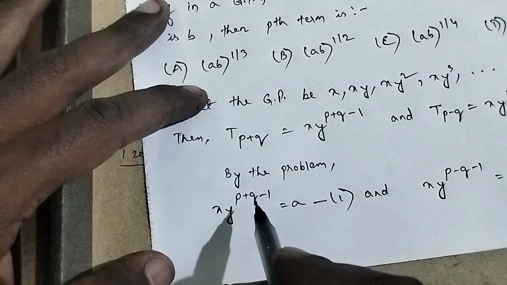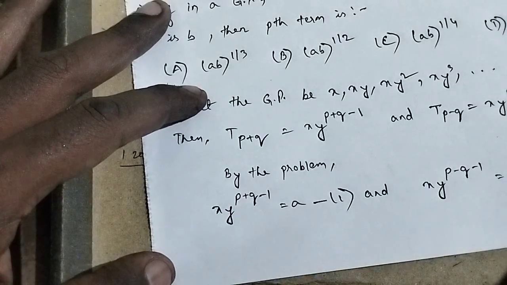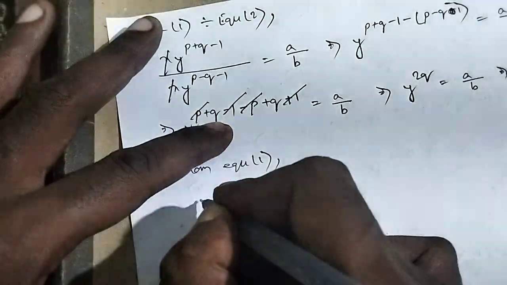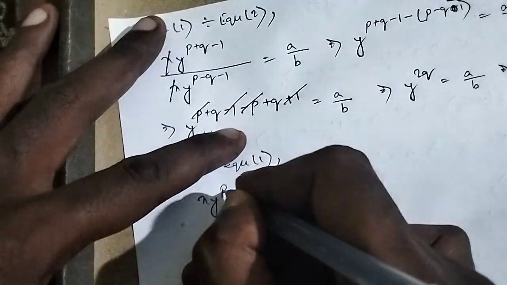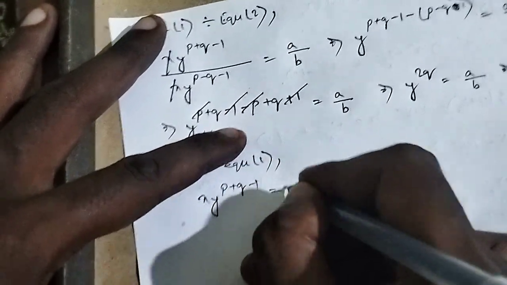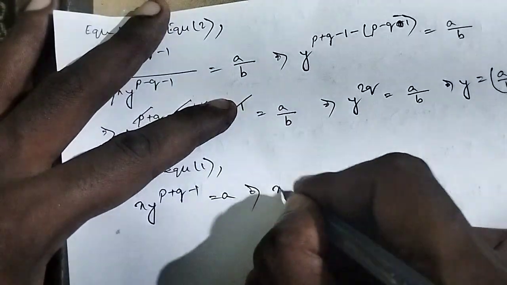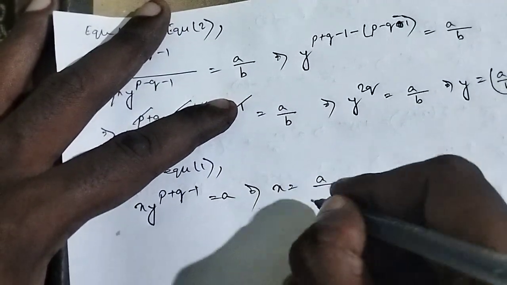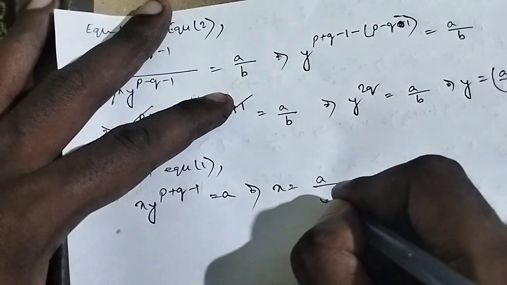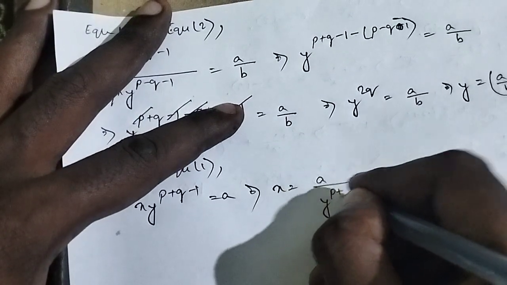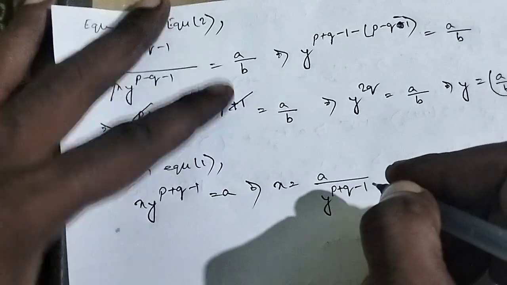Equation 1 was xy to the power p plus q minus 1 is equal to a. So from equation 1 we can write x is equal to a by y to the power p plus q minus 1.